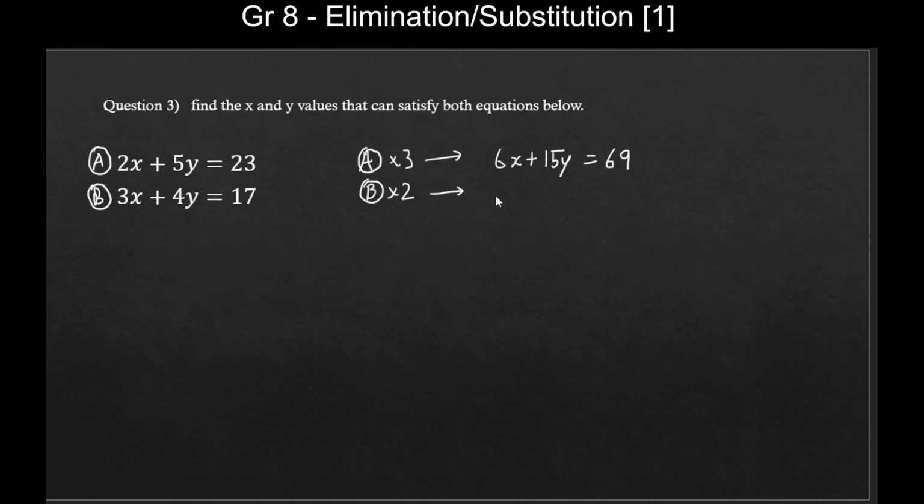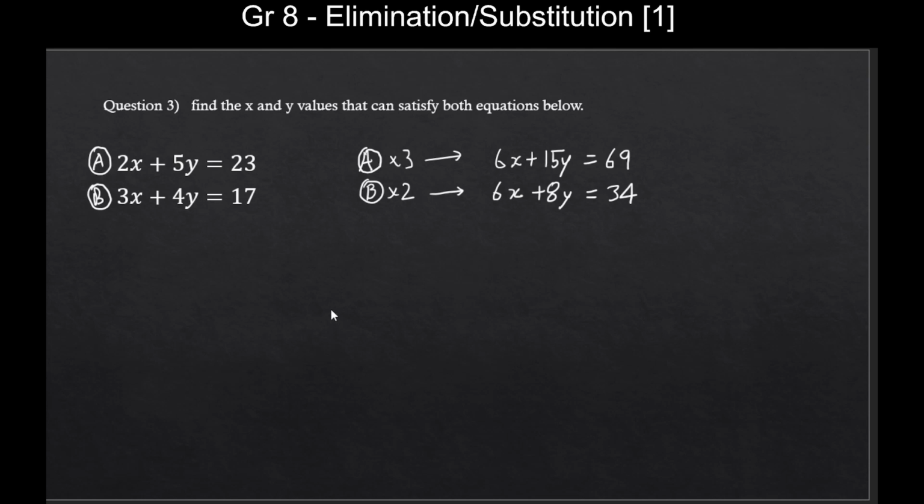Now we have to multiply by 2. So this is again 6x plus 8y, because we're multiplying by 2 this time, equals 17 times 2, which is 34. There we go. We have the same amount for x.